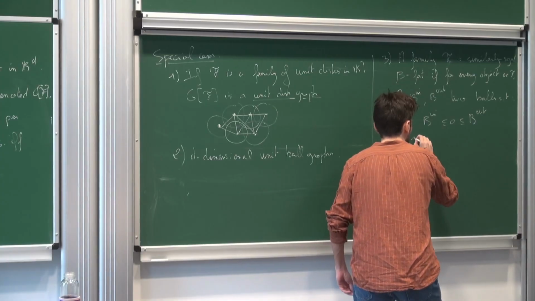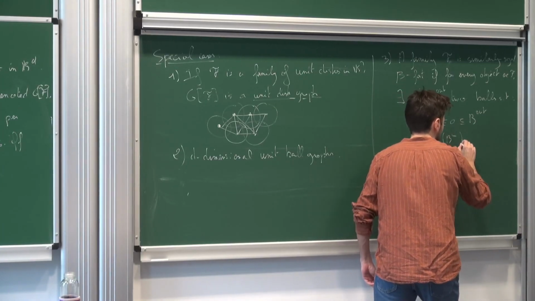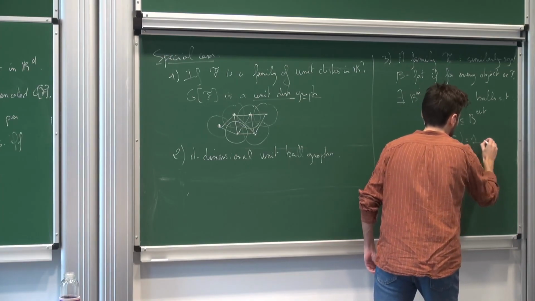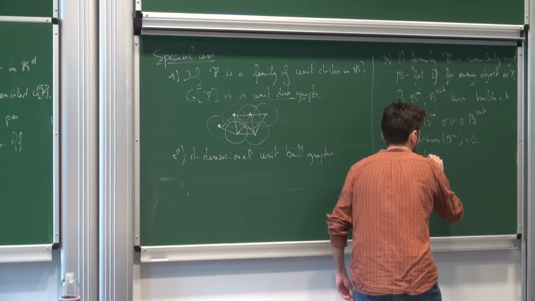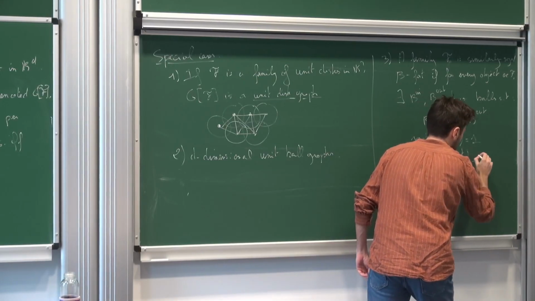The radius of B_in is 1, and the radius of B_out is beta.